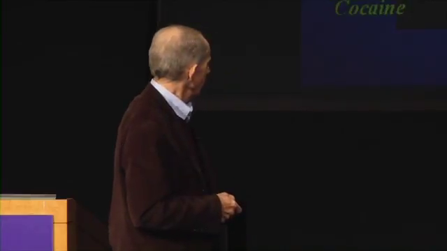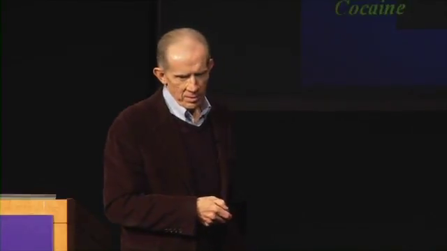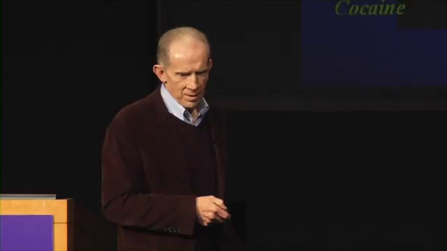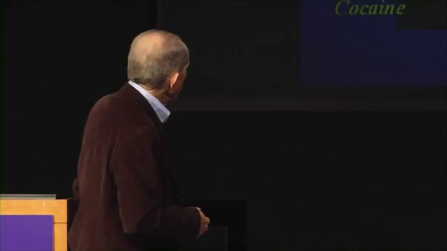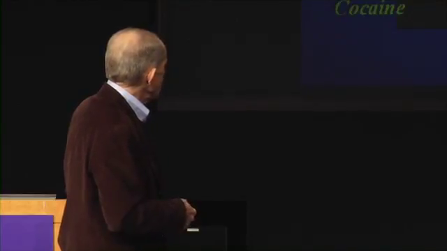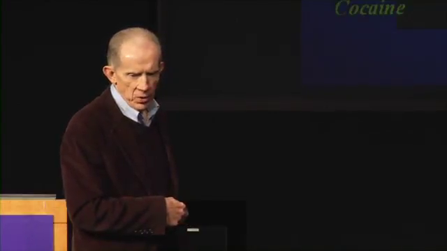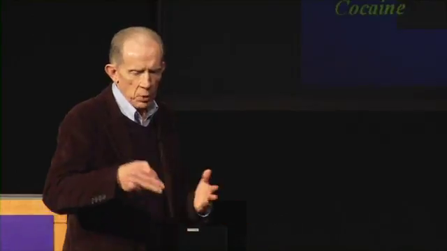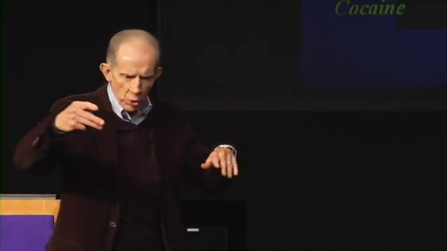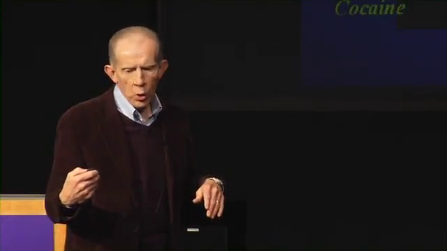Question. Yes? On that previous slide, if you have them housed individually, are there differences between the two populations in terms of whether they are more likely or less likely to use drugs? Does it change when you house them socially? So when they did the self-administration, they were individually housed. So they're put in chambers, they're hooked up. Usually there's levers that they can push in order to get them the cocaine.